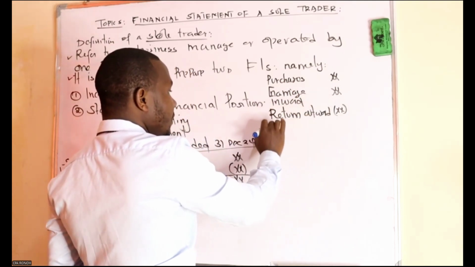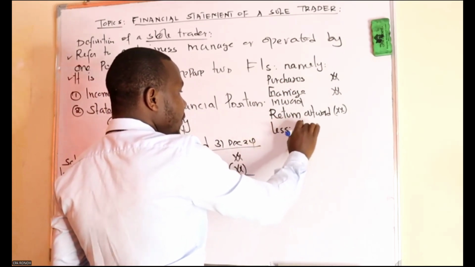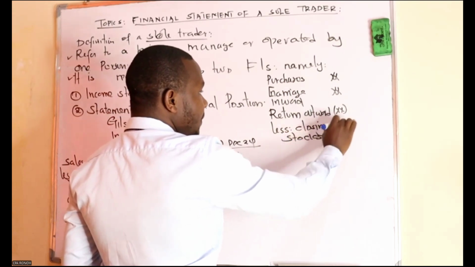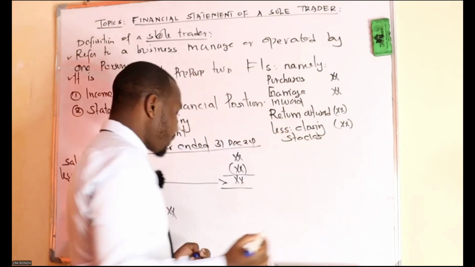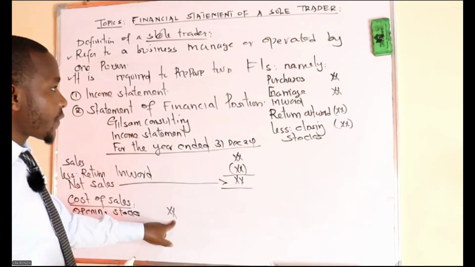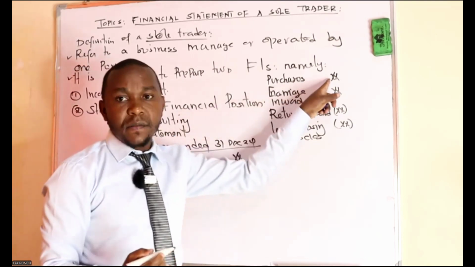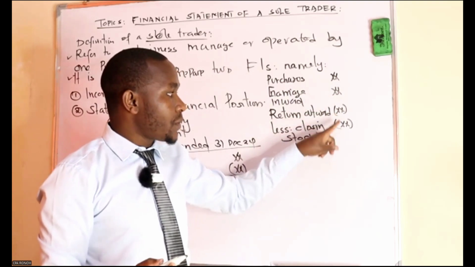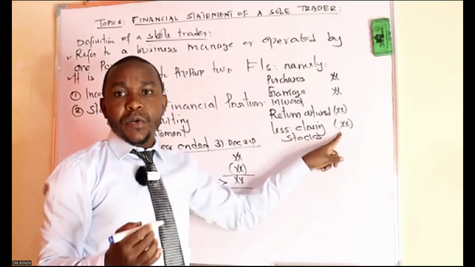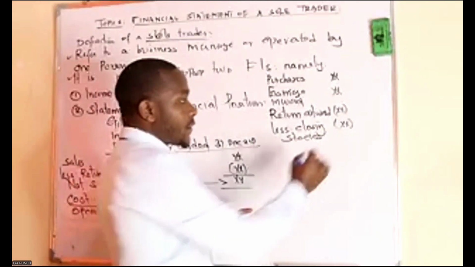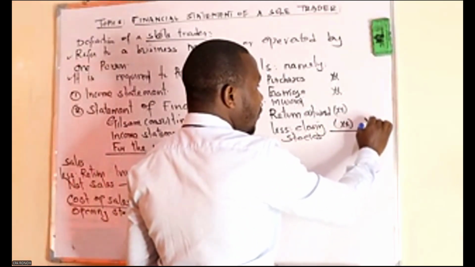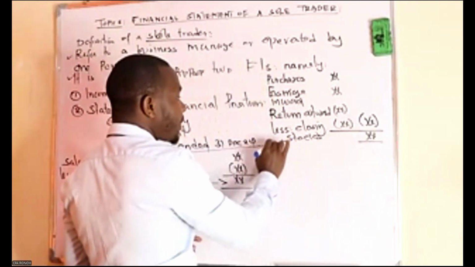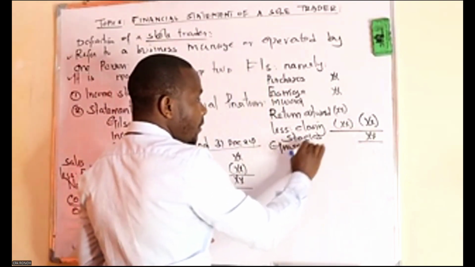Less closing stock. So if you take the opening stock plus purchases plus carriage inward minus the return outward minus the closing stock, you will get the total cost of sales. So if you subtract, you get gross profit.